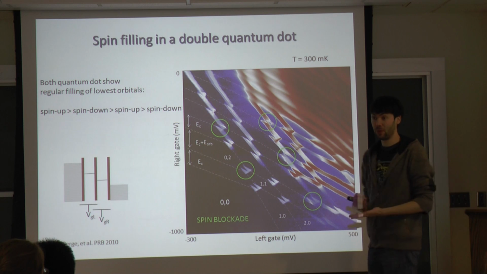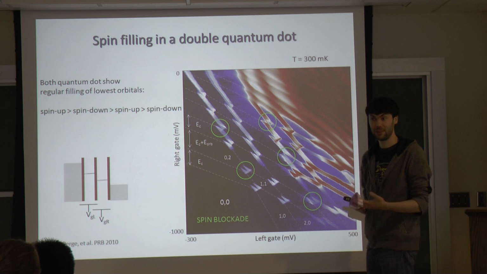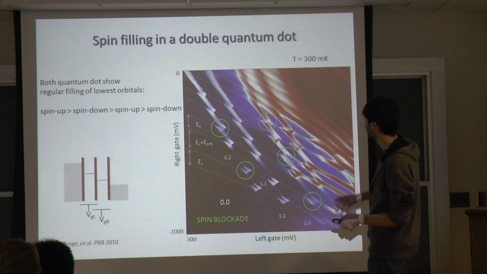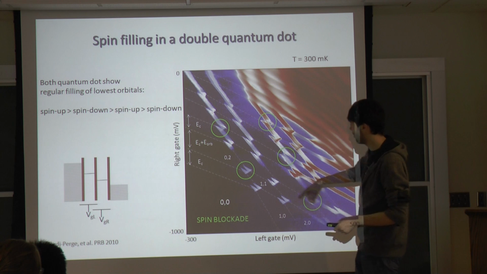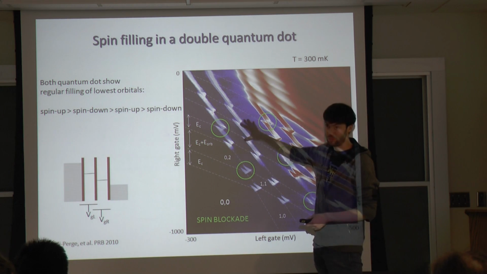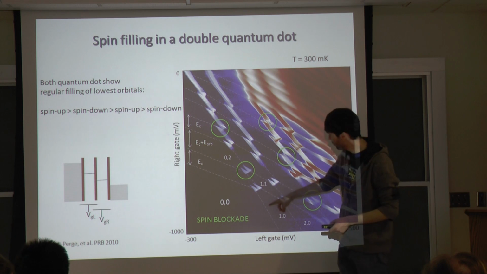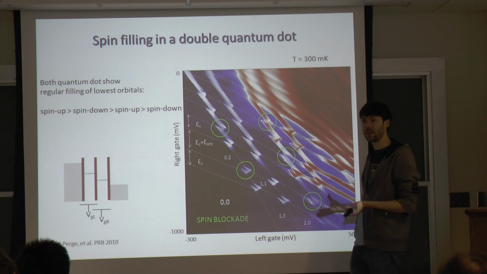You can use spin blockade to figure out where you have singlet and triplet states inside the diagram. So this is an indium arsenide double dot, and you have a bunch of triangles at finite bias, and this is a charge stability diagram. So every time you cross in your mind one of the dashed lines, you are adding an electron.